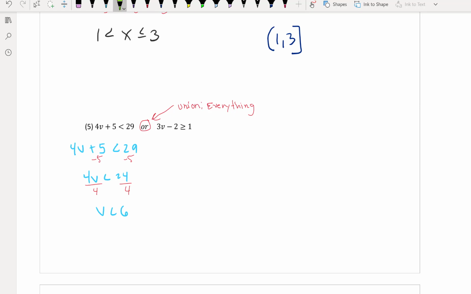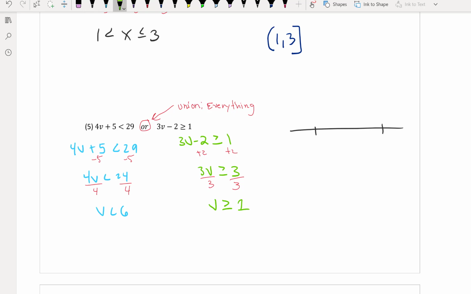Now for my part B, which is 3v minus 2 greater than or equal to 1. I'm going to add 2 to both sides, so that 3v is greater than or equal to a positive 3. Now to get the v isolated, I have to divide, so that v is greater than or equal to a positive 1.